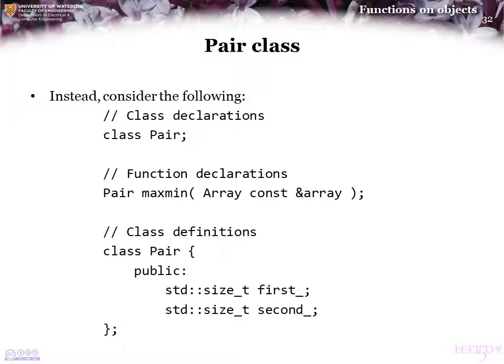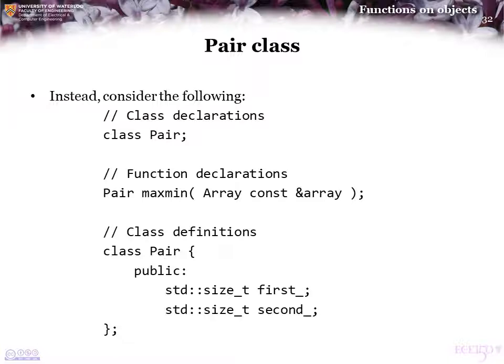Instead, consider the following class called a pair. Now, a pair stores two member variables of type size_t, and we're just going to label those member variables first and second. max_min is now going to return an instance of the pair class.